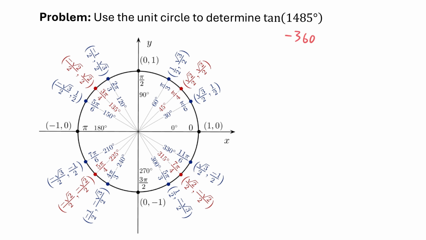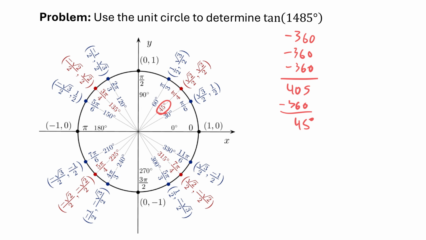So one 360 probably won't be enough. Two 360s. Let's try three 360s. That's going to give me 405, which is still not quite enough. So we need one more 360, and that's going to give us 45 degrees. So my principal angle is 45, and so I need to find tan of 45.